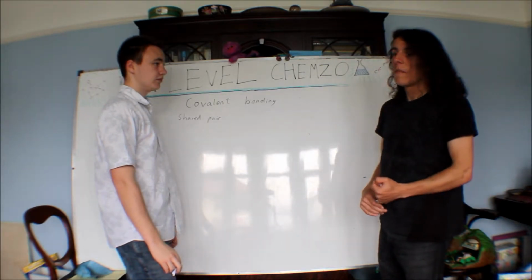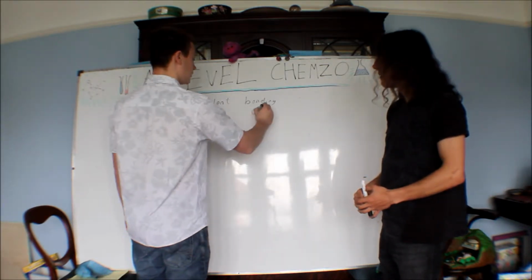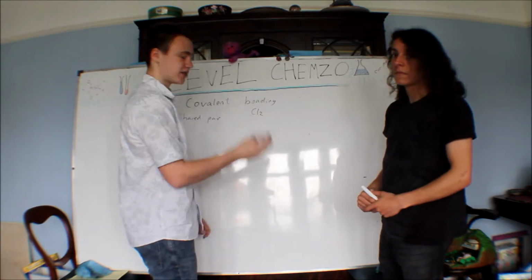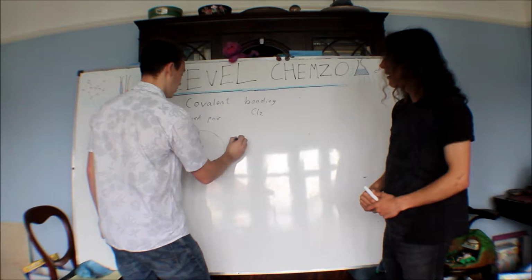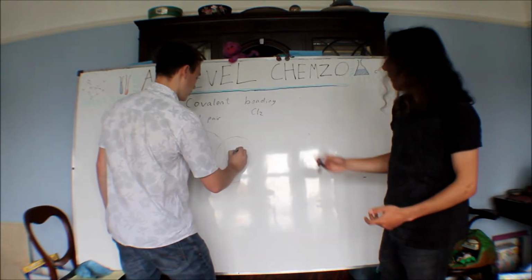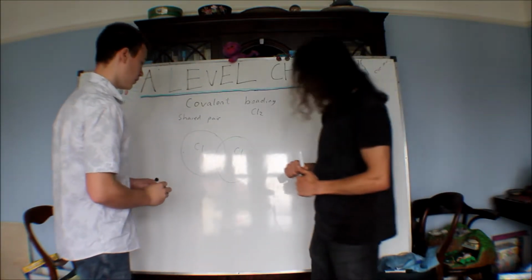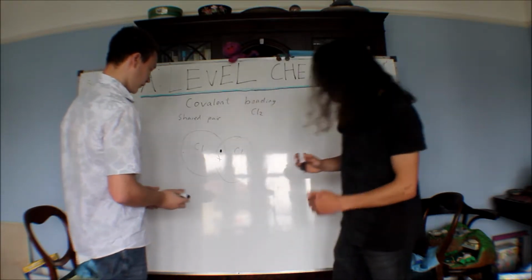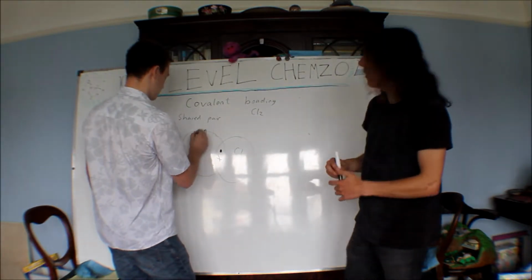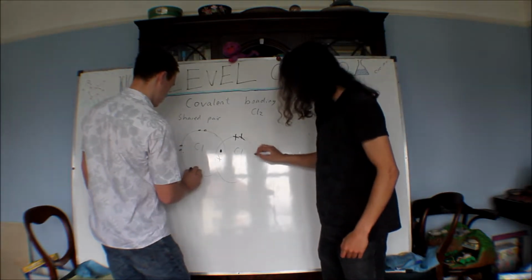But not always. Something like Cl2, you don't draw the rectangle-y bits, you do one chlorine, which will overlap with another chlorine. And in the middle there'll be this shared pair. One will be from one side and one will be from another side. Then the rest will go round like normal.